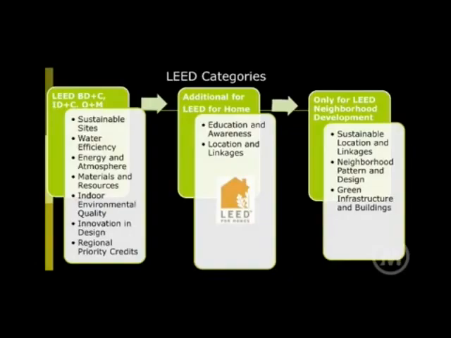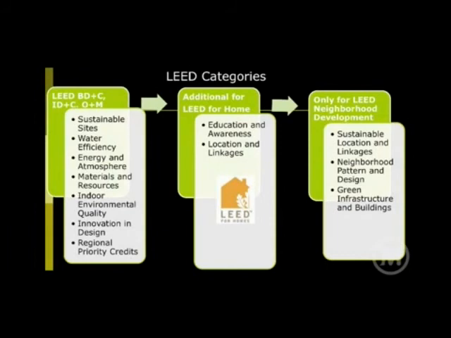There are additional categories for LEED for homes. Important to note the differences: education and awareness. Since you're so engaged with your home, education and awareness took precedence there. Location and linkages is also additional, and it's similar to LEED for neighborhood development, where it is its own set of categories.